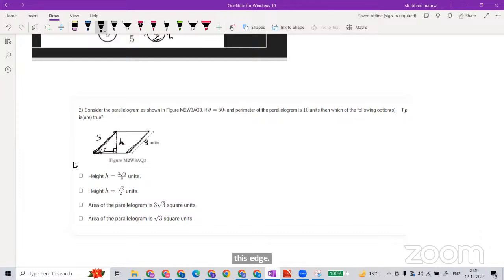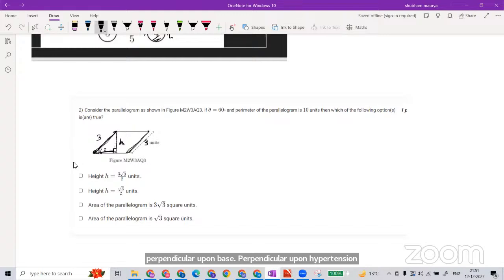Sine trigonometric function we can use, right? So which trigonometric function will help to find this h? Sine or cos or tan? Sir, I think tan. Tan is for height upon base, right? What is the sine? Sine is perpendicular upon hypotenuse.